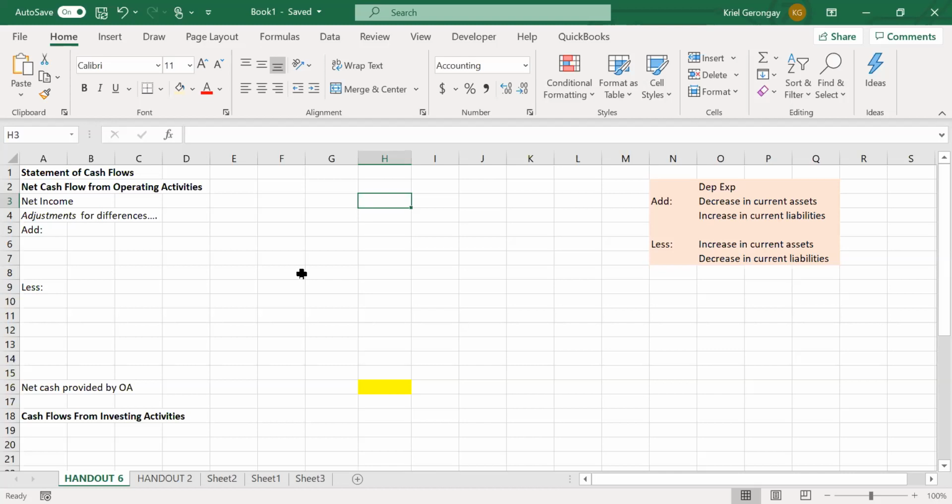Honestly, I don't know. I haven't seen the exam. I didn't even look at the practice exam. I can tell you from our exam last semester that we had to write out the entire statement of cash flows and create a balance sheet and all that. Yeah, I was expecting that, but the circumstances have changed.